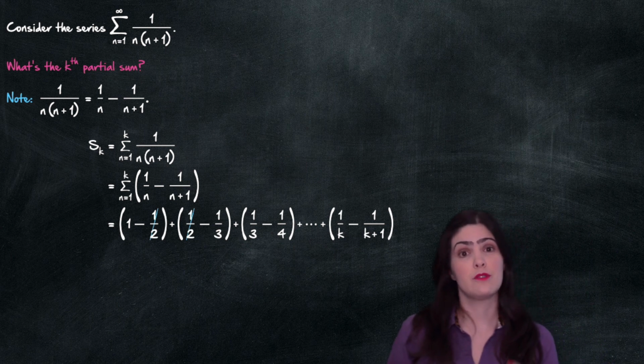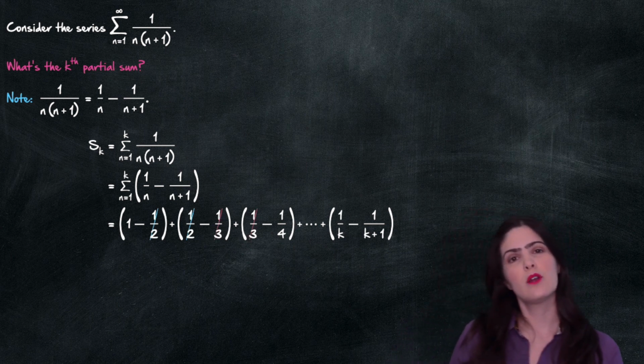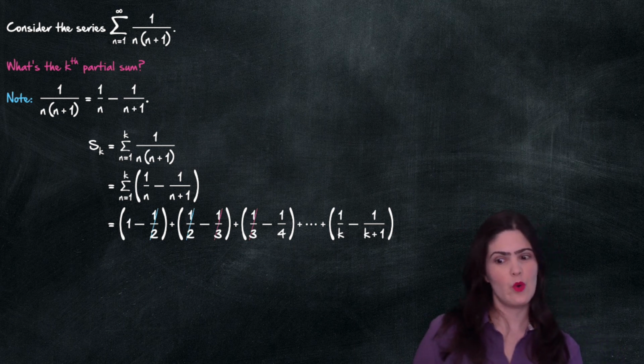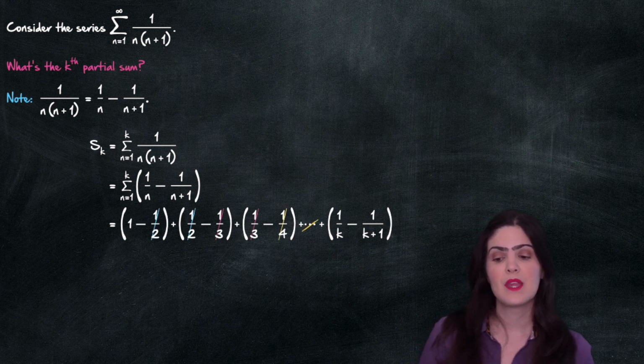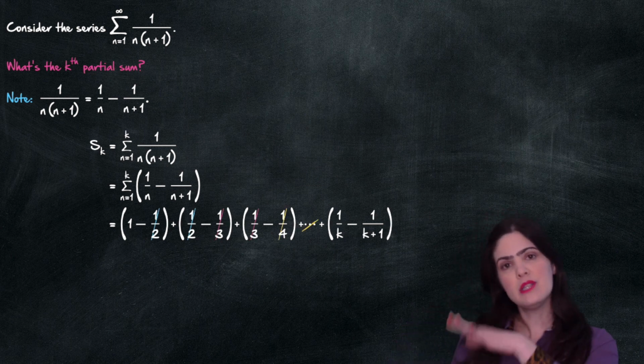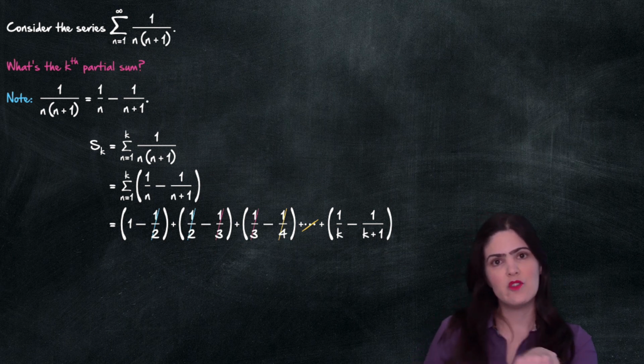Then we have negative 1 over 3 plus 1 over 3, so they will cancel. This negative 1 over 4 will cancel with a plus 1 over 4 that appears like it's hidden inside those 3 dots. And this positive 1 over k would kill a negative 1 over k that is hidden inside those 3 dots. If you don't believe me, try to write down some more terms.